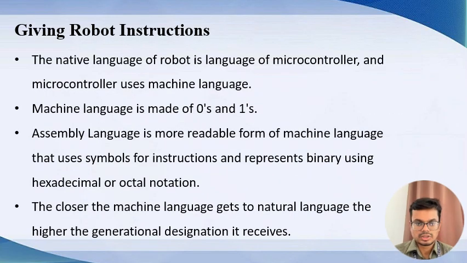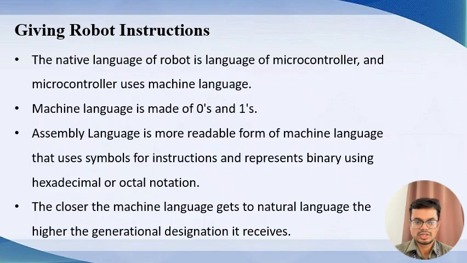And lastly, we'll discuss giving robot instructions, the native language of the robot, like which language the robot understands. So basically the robot understands the language of the microcontroller, and the microcontroller uses machine language. Machine language basically consists of zeros and ones, and that's the only language the robot understands.